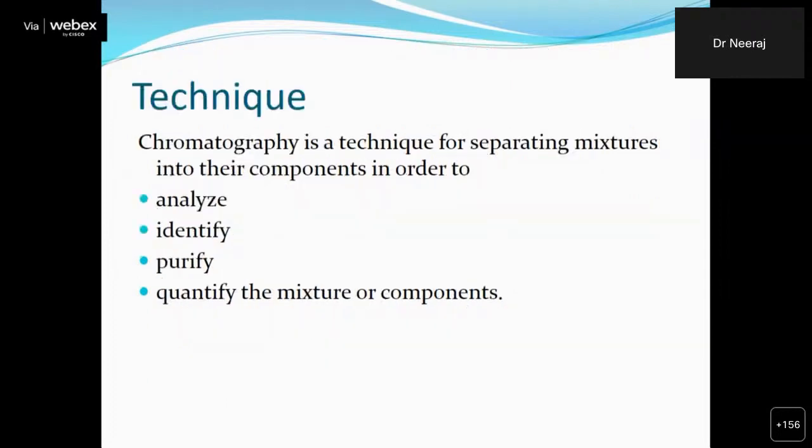I will try to introduce chromatography briefly, because it's a very huge topic.